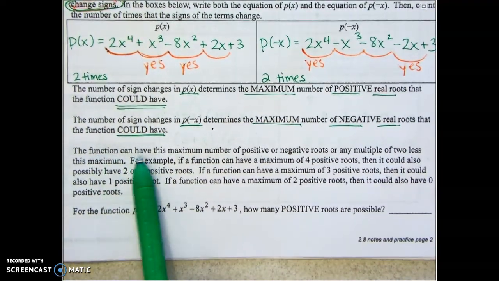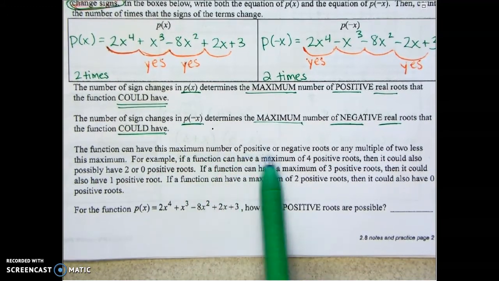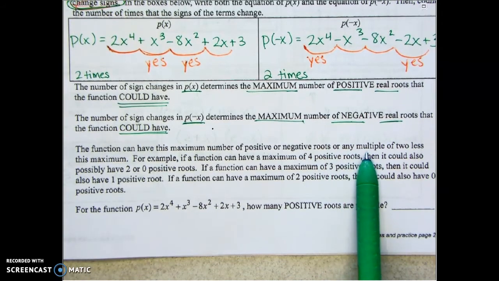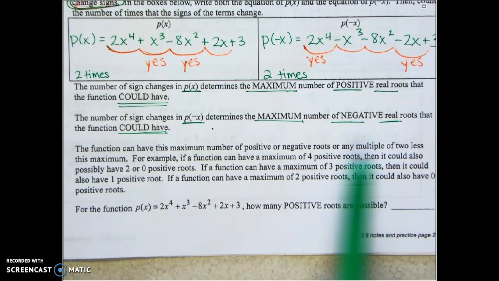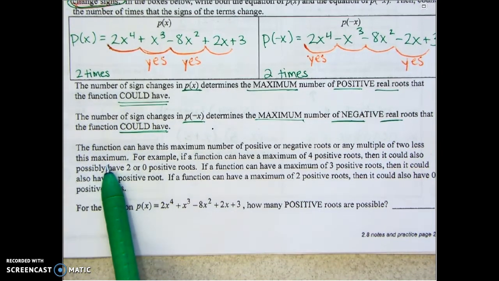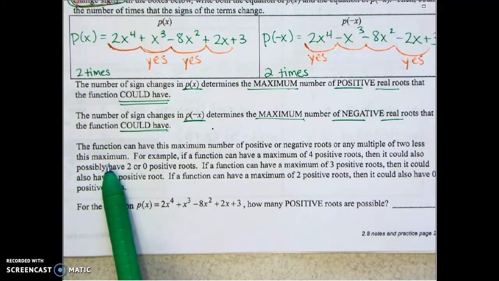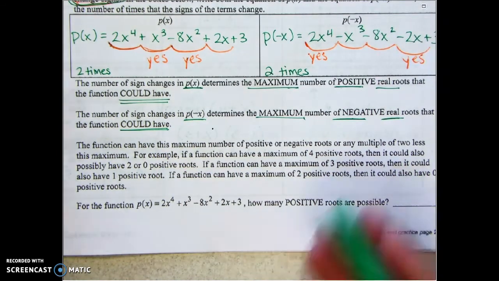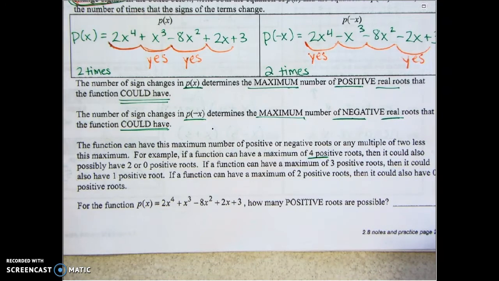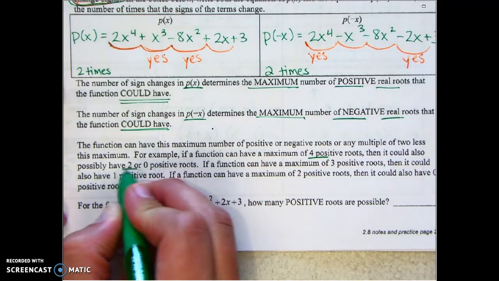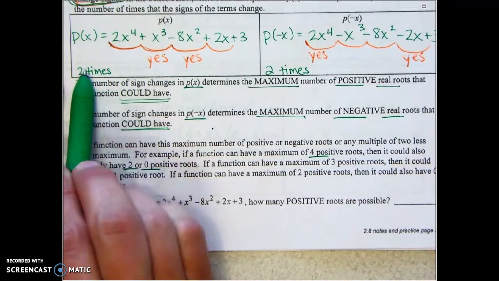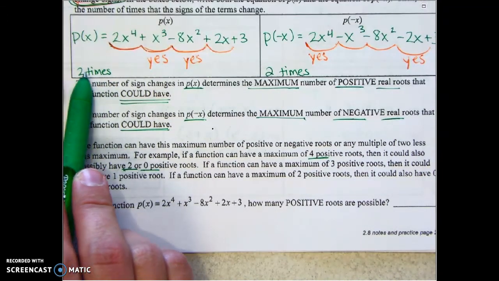The function can have this maximum number of positive or negative roots or any multiple of 2 less than this maximum. What? For example, if a function can have a maximum of 4 positive roots, then it could also have 2 or 0. They come in pairs, okay? So if you got 4 sign changes, then it could have 4, 2, or 0.